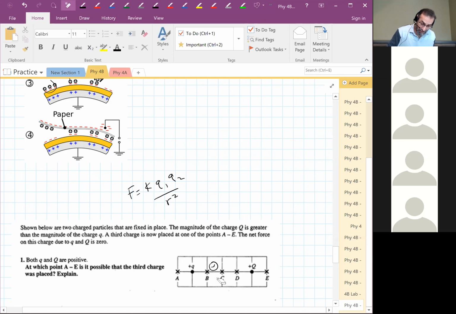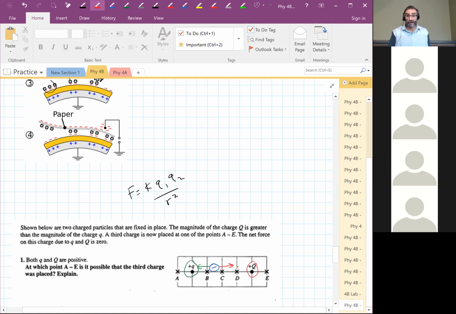I'll use a different color, a blue. A negative charge interacting with this charge is going to feel a force to the left. They attract each other. A negative and a positive attract each other. A negative charge interacting with the capital Q is going to feel a force to the right.